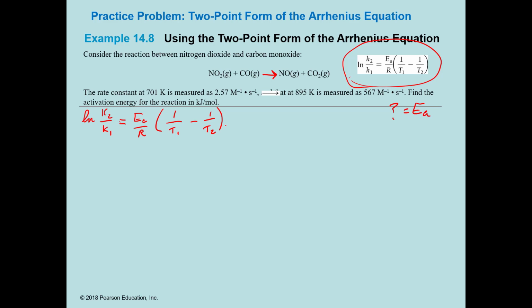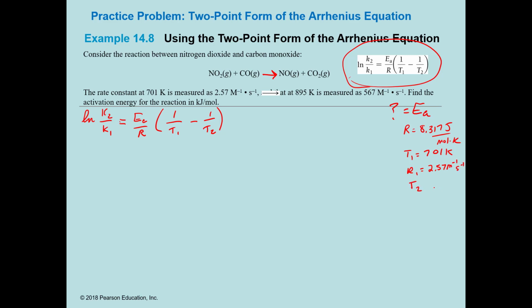All right, and so I need to know, I've got R is 8.317 joules over mole K. And I've got T1 is 701 K. And I've got K1 is 2.57 molar minus 1 second minus 1.